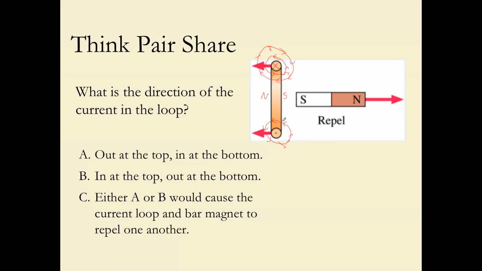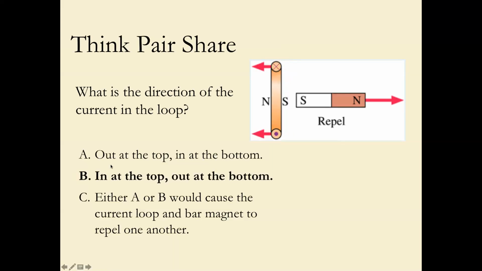So that's why here it enters from the right hand side, from the left hand side it leaves. So that's why we can say that it is into the page at the top, out of the page at the bottom, which is B. Yes.